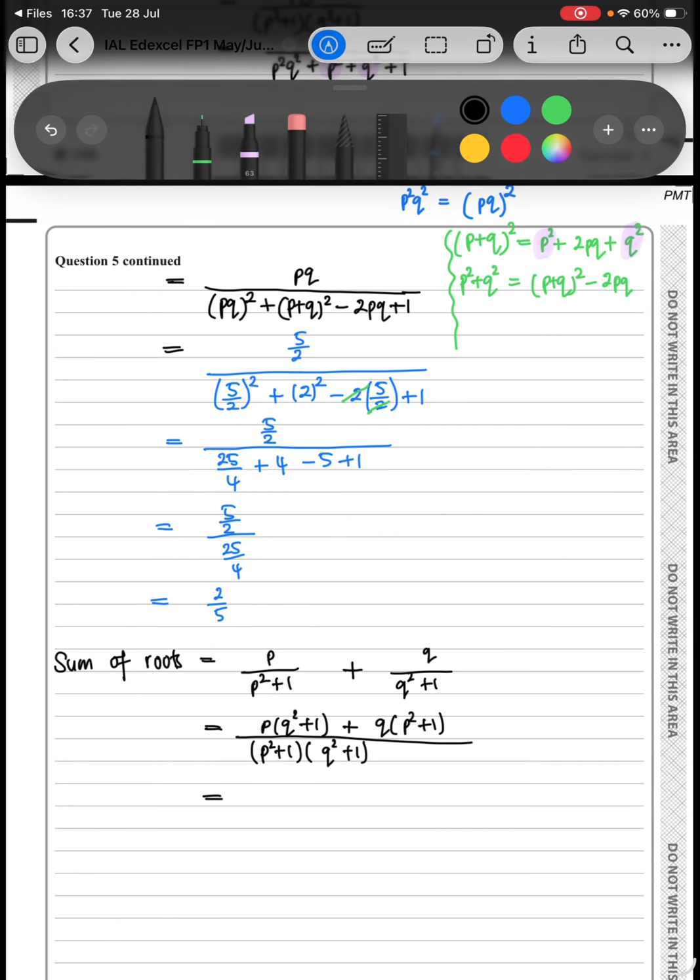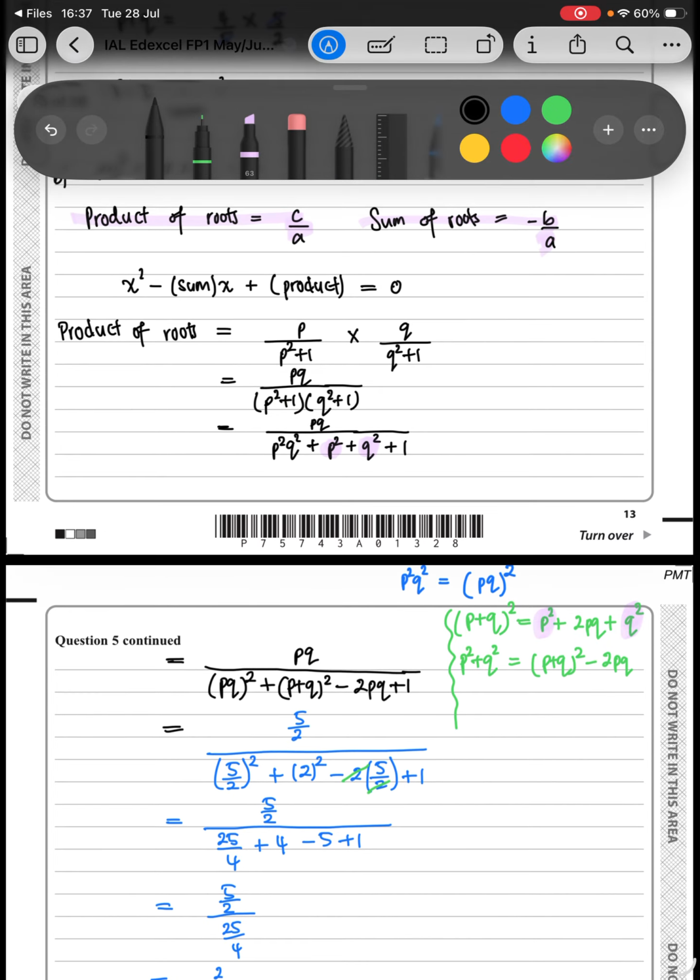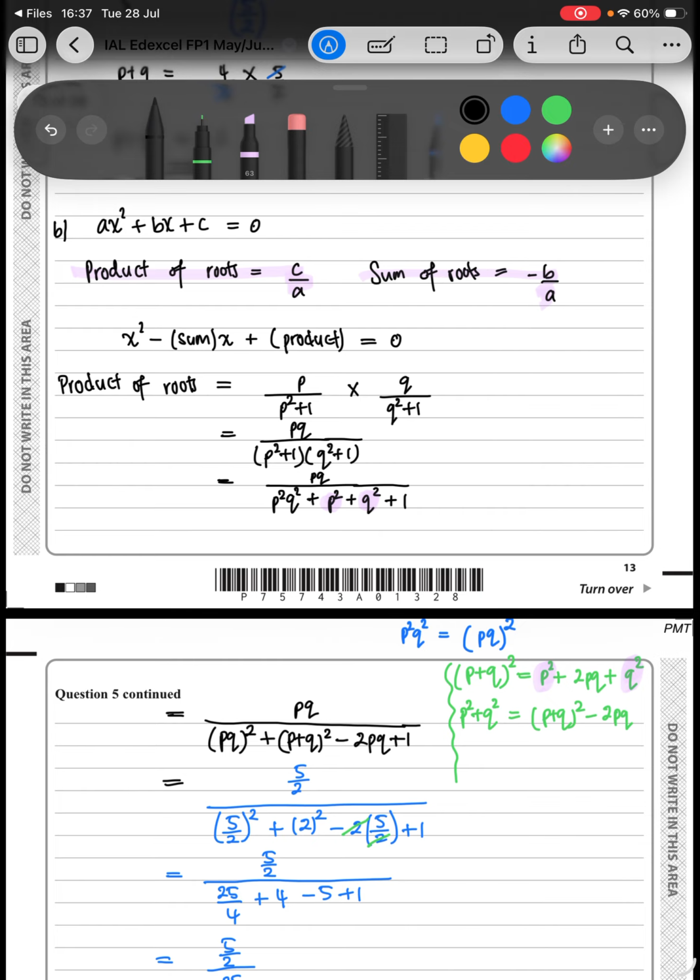Let's simplify this further, and we get pq squared plus p plus qp squared plus q over, now we came across this denominator earlier as well, p squared plus 1 times q squared plus 1 under the product of roots.